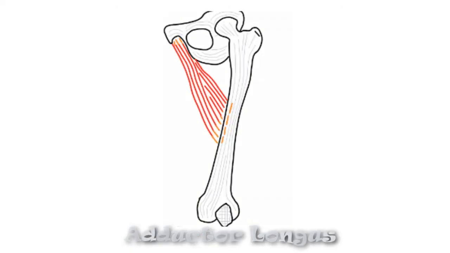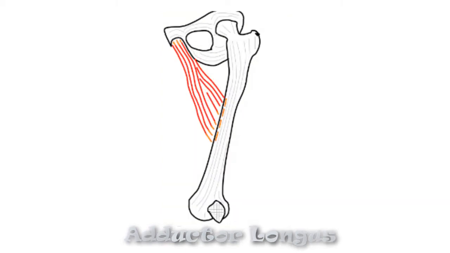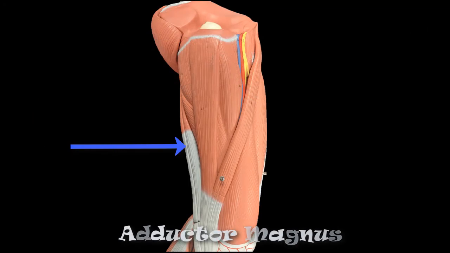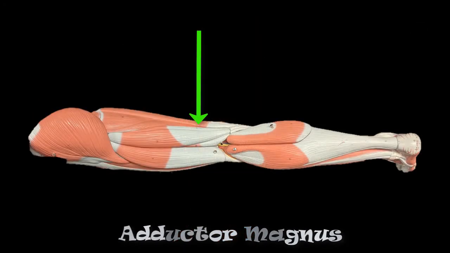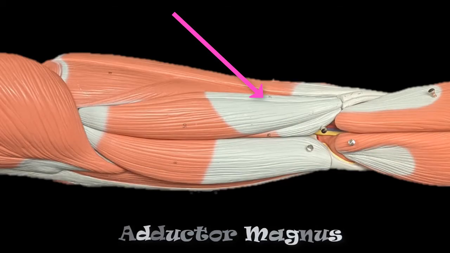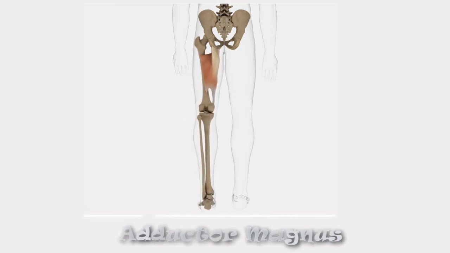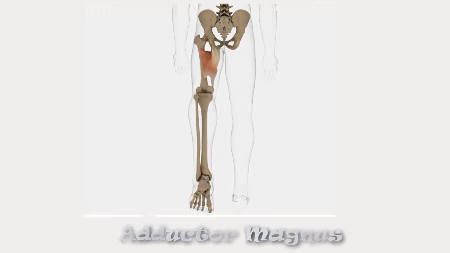The action is adduction and rotation of the thigh at the hip joint. The Adductor Magnus. This performs flexion, extension, adduction, and rotation of the thigh at the hip joint.